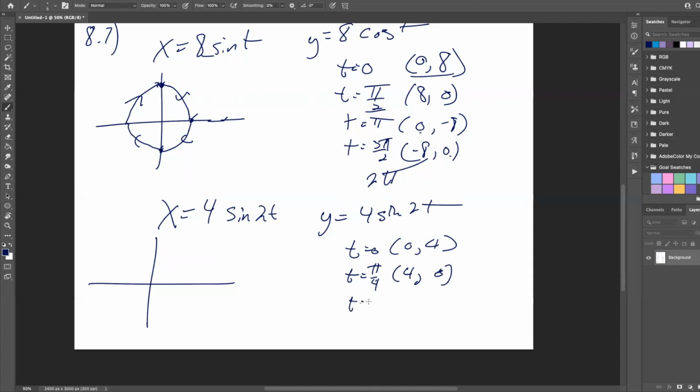When t equals pi over 2, I'm at 0, minus 4, and then t equals 3 pi over 4, I'm at minus 4, 0, and then when t equals pi, I'm at 0, 4 again. And so I made one revolution. So here I'm starting here and I'm going around this way.